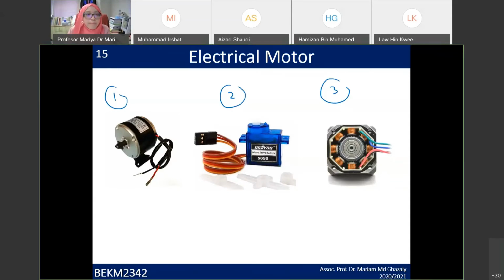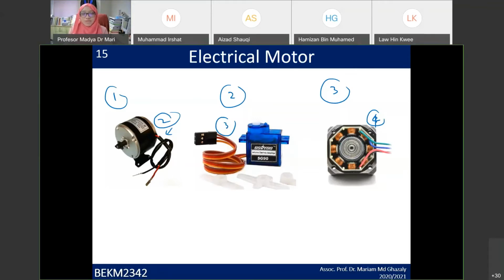The hint is that the difference is in the wiring. For this one you have only 2 wires. This one has 3 wires, and this one has 4 wires: green, blue, red, and black. Any idea? Anyone?